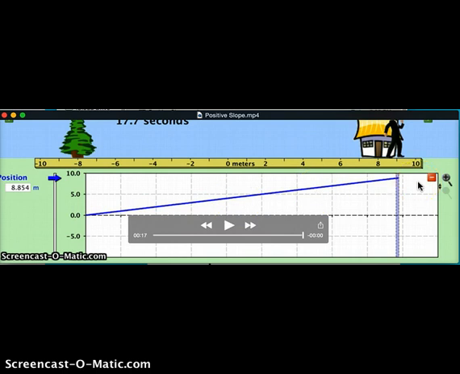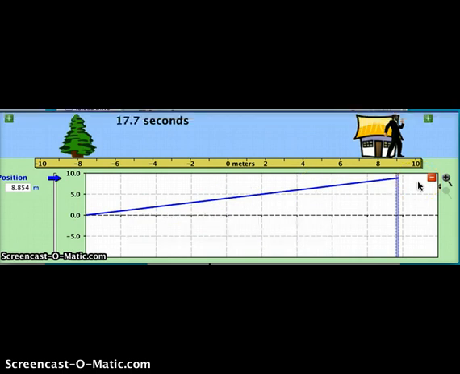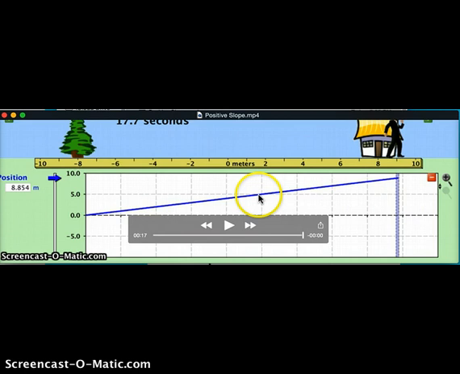We're going to call that constant velocity. Constant meaning his speed or his velocity is not changing. Okay, his position's changing, so his position is not constant, but his velocity is constant.